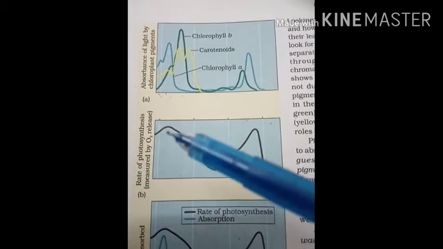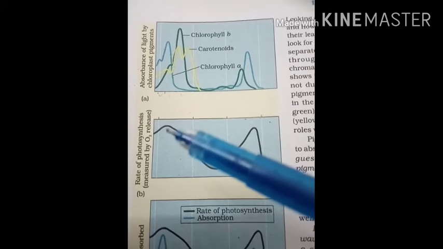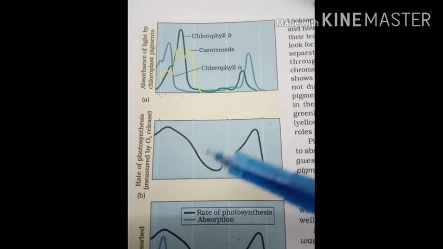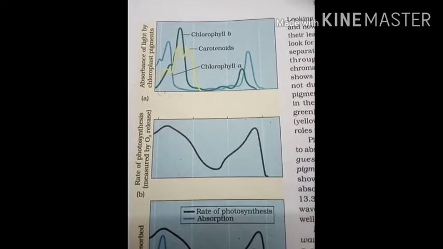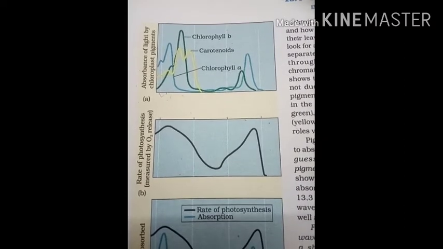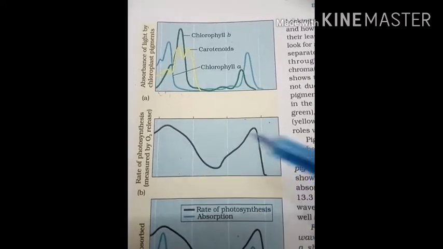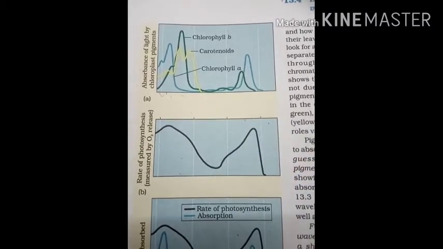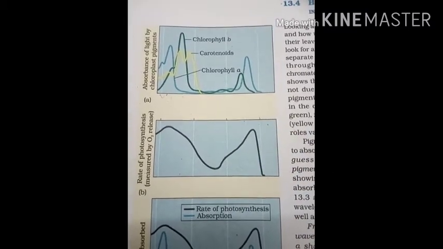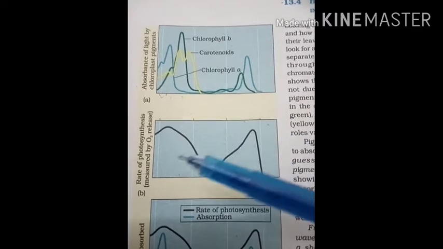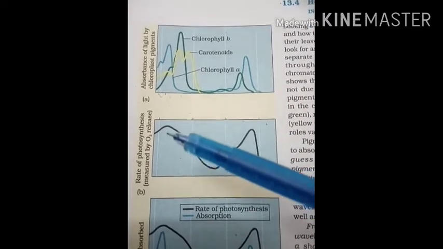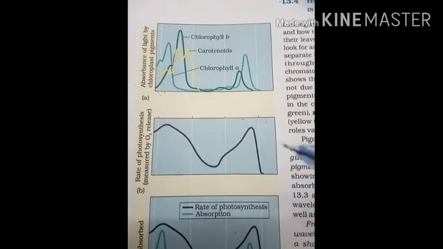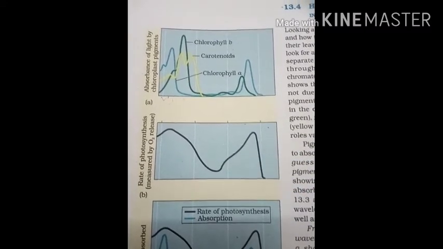In the blue and red light regions, the action is much greater, or we can say the release of oxygen is much greater, and the rate of photosynthesis is higher when blue and red light fall upon the plant body.